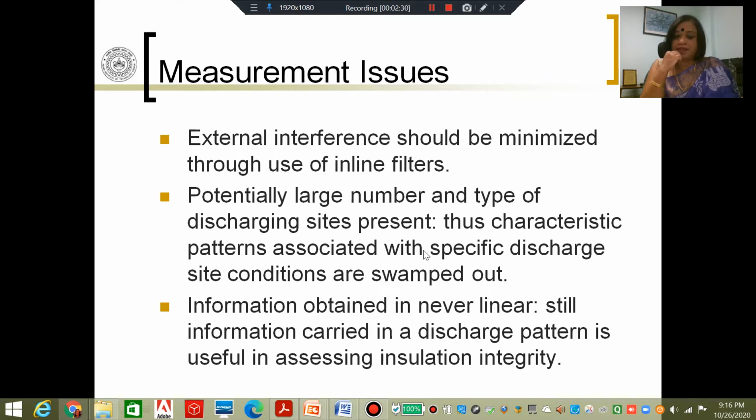So the information that is obtained is never linear, but even then, we cannot really say that PD analysis is meaningless, because even despite all these problems, we do have some information and we can use this information to assess the insulation integrity. This assessment may not be very straightforward, may not be very accurate yet, but already we have a lot of means at our disposal, which makes it meaningful for us to continue with the process.